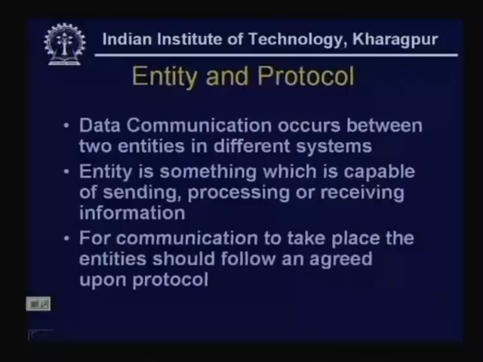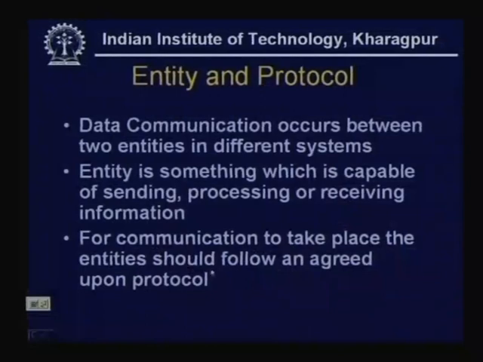And these entities will communicate; the entity of layer n will communicate with the entity of layer n of the other side. These active elements within the layer are capable of sending, processing and receiving information. And for communication to take place, the entities should follow an agreed upon protocol.